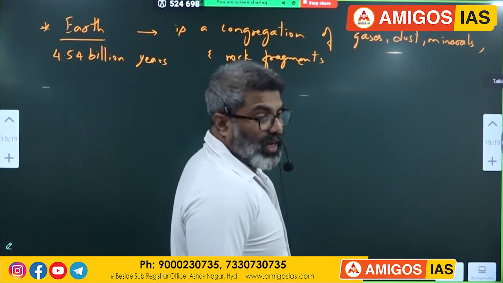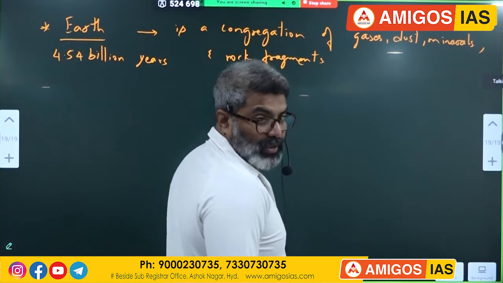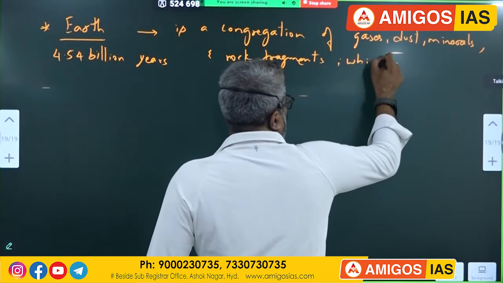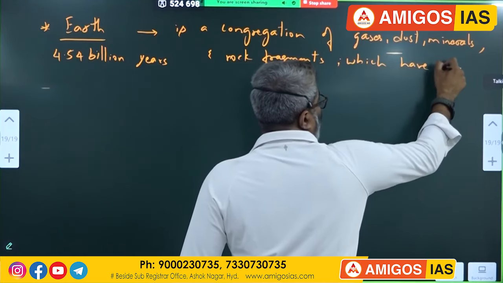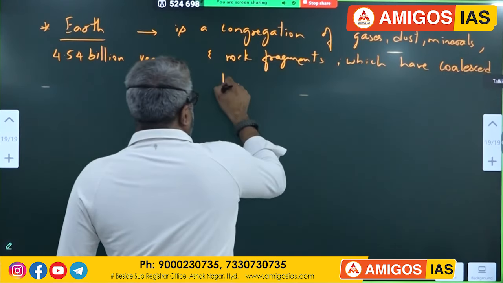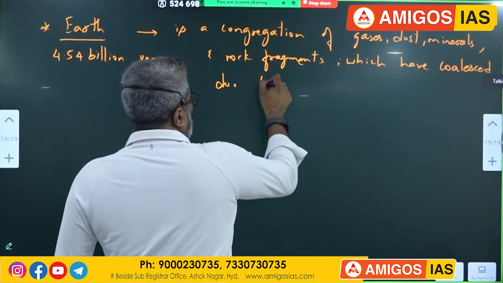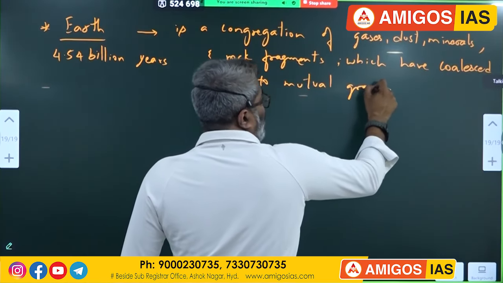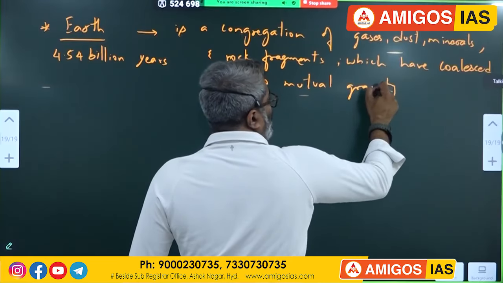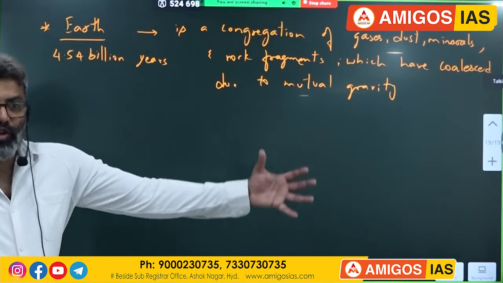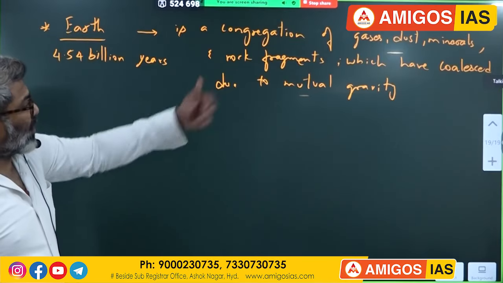Earth is a congregation of gases, dust, minerals, rock fragments, which have combined or coalesced due to mutual gravity. So Earth contains gases, dust, minerals, rock fragments which have clumped due to mutual gravity.